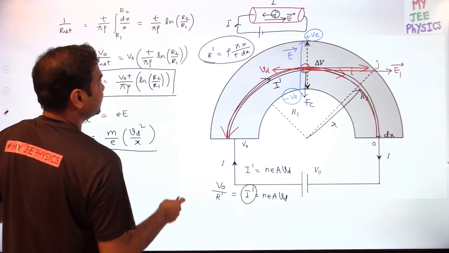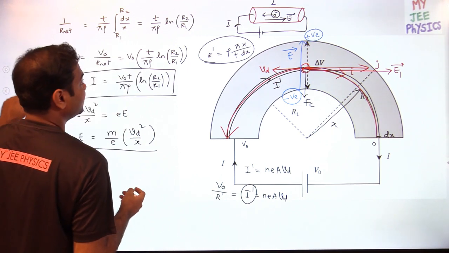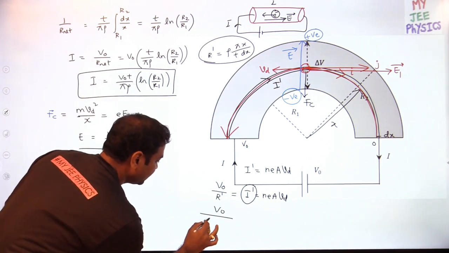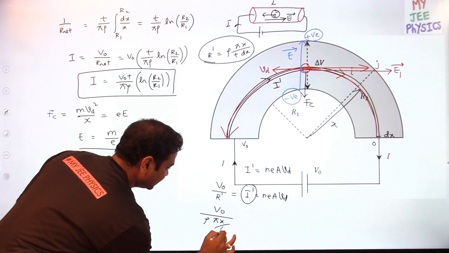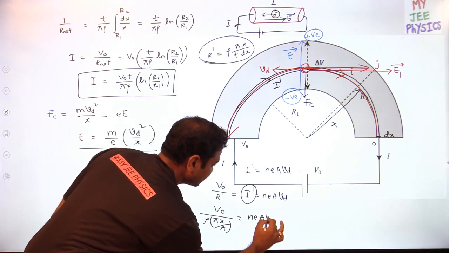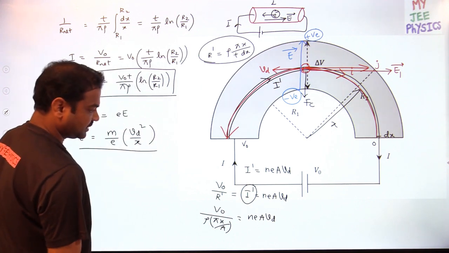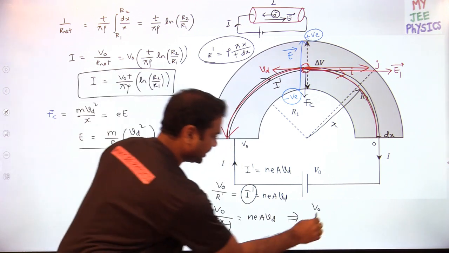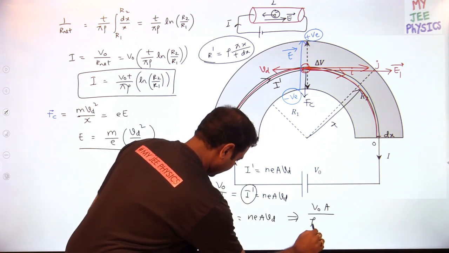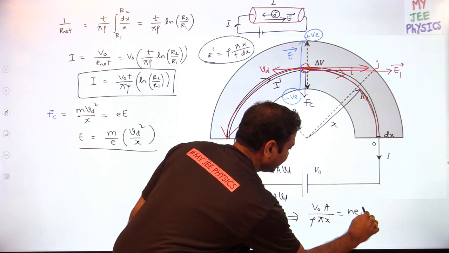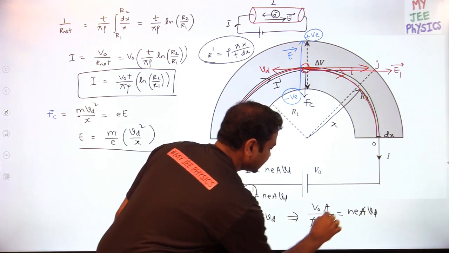In place of R dash, I can write V naught by rho into pi x by area is equal to N E A Vd, so that I can simplify things a little. So V naught into A in the numerator by rho into pi x is equal to N E A Vd. Now A will cancel out.